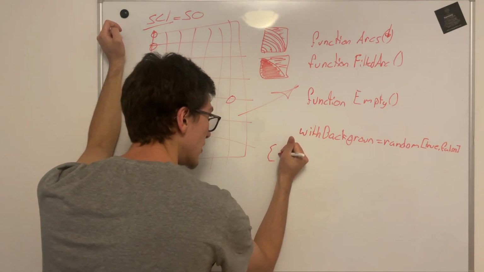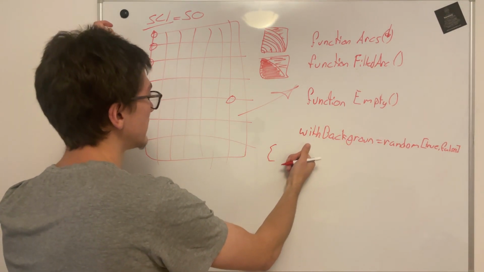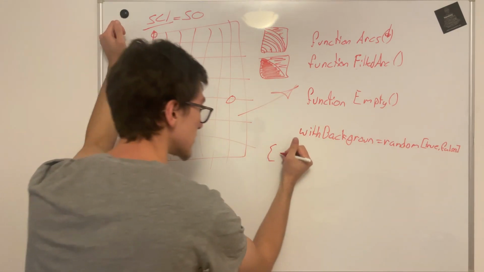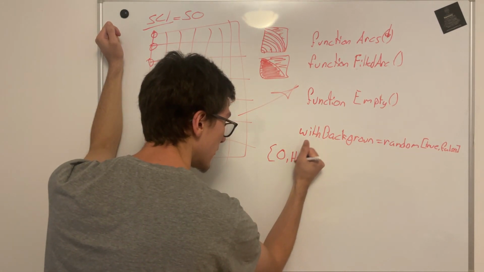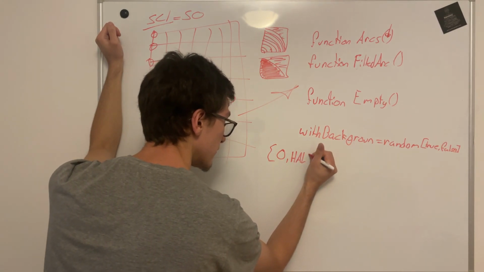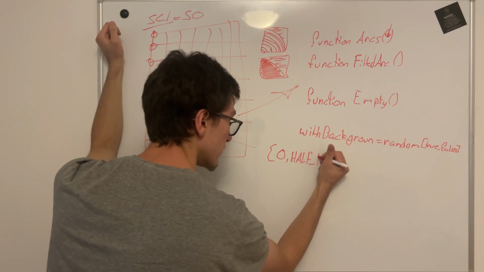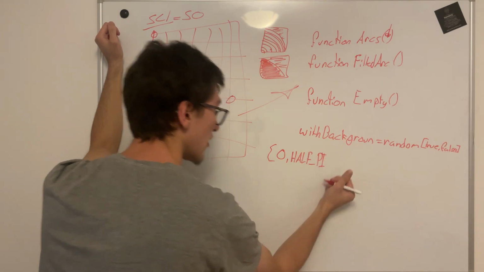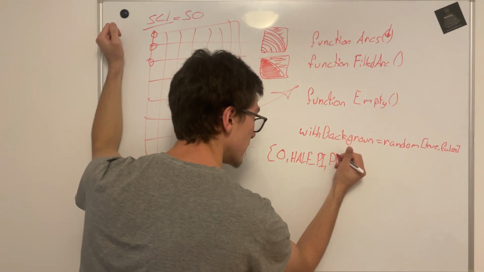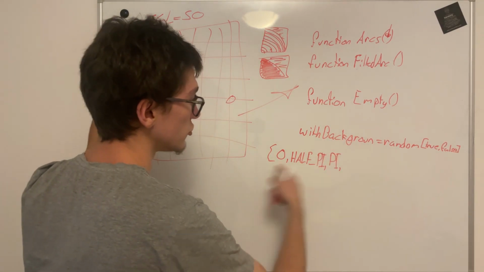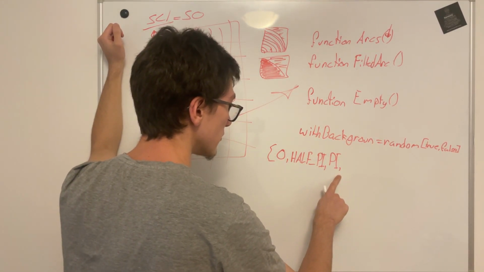So it's basically 90-degree rotations, right? So basically 0, half pi, pi, and well, 2 pi is the 0 angle.